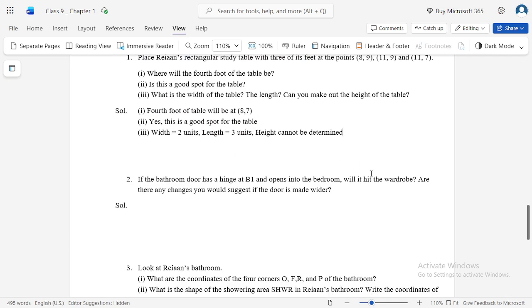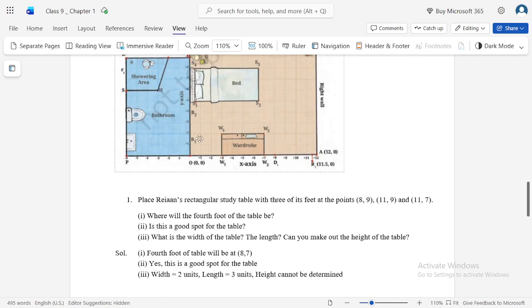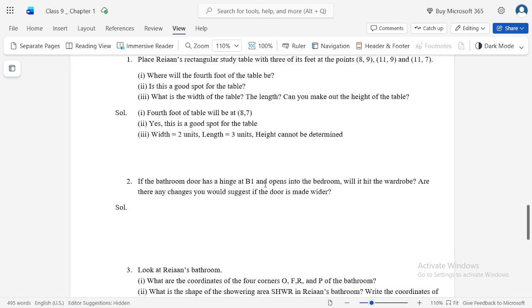Now the second part is, are there any changes you would suggest if the door is made wider? Of course, if the door is made wider, then it will hit the wardrobe. So in that case we have to shift the wardrobe to the right-hand side.